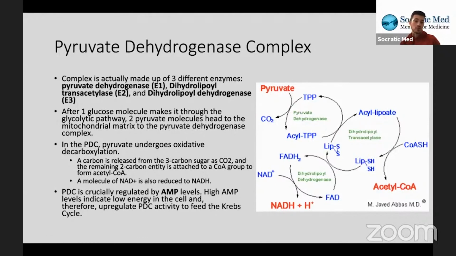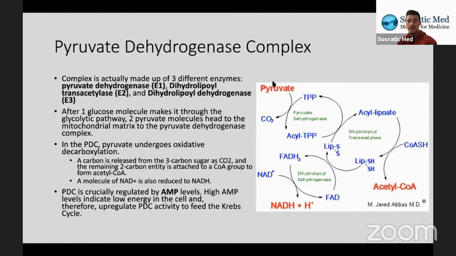When we remove 2 of those phosphates, we now have adenosine monophosphate. And when we have high levels of adenosine monophosphate, it's a pretty good indicator that our ATP stores are pretty depleted. So when PDC notices that these AMP levels are high, it's going to upregulate pyruvate dehydrogenase because we need more acetyl-CoA to spin the Krebs cycle.